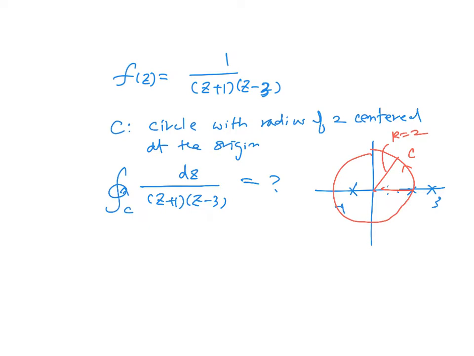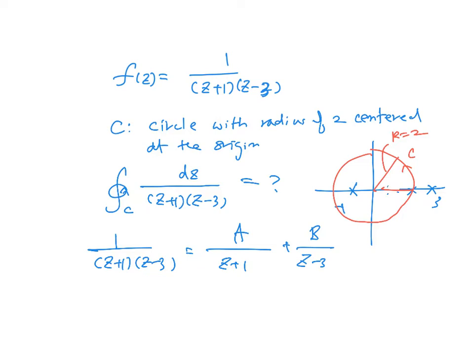So then we need to do the partial fraction expansion: a over (z plus 1) plus b over (z minus 3). The easiest way of obtaining a and b is, when you calculate a, you just let b disappear. How do you do that?